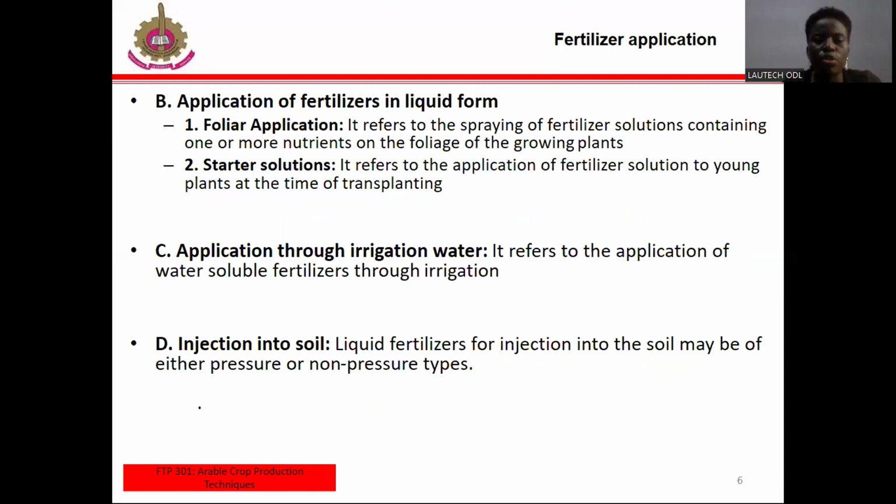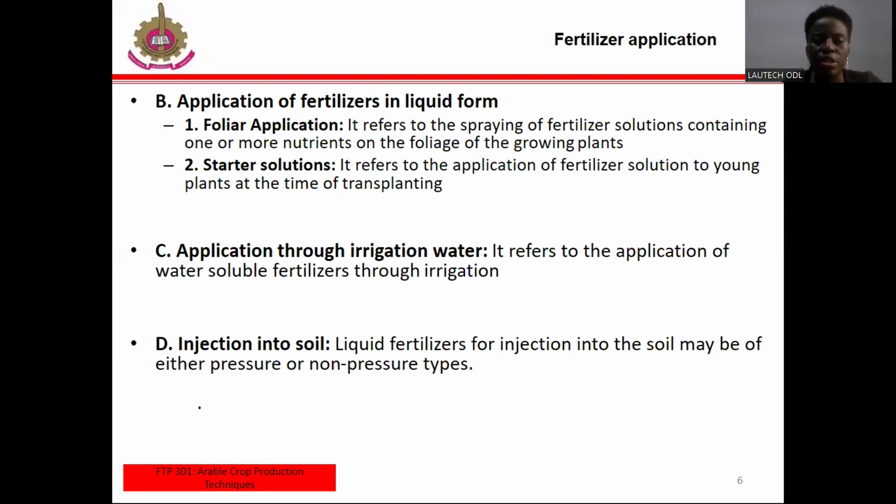The foliar application has to do with the spraying of fertilizer solutions containing one or more nutrients on the foliage of the growing plants. The second one, which is starter solution, has to do with the application of fertilizer solution to young plants at the time of transplanting the plant to the planting bed.